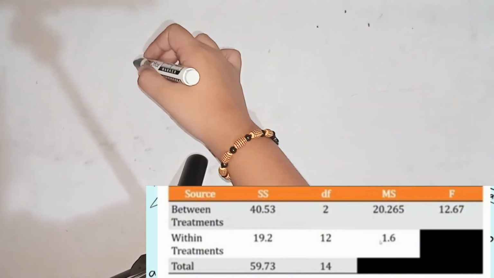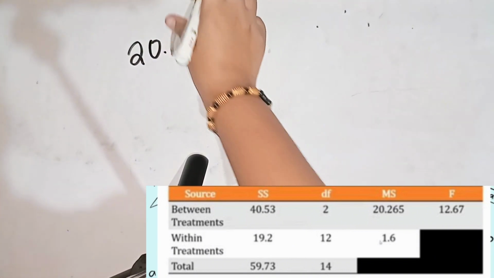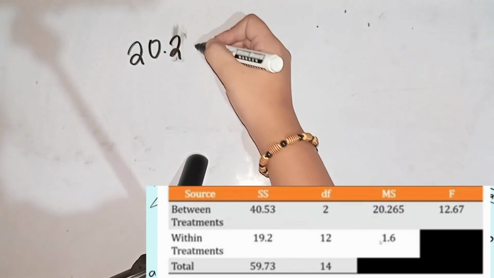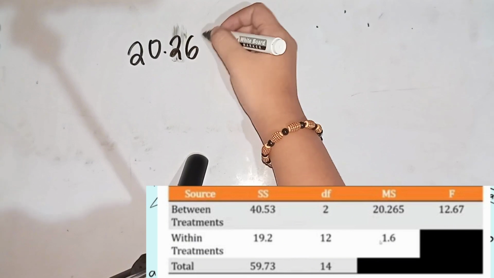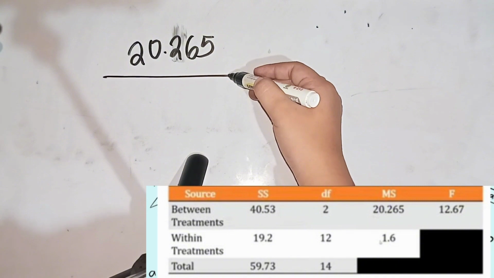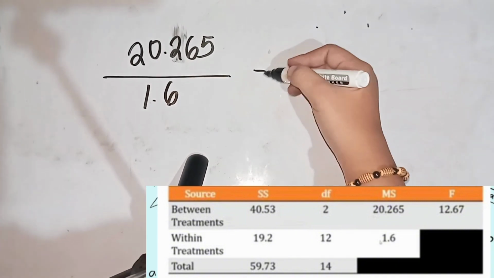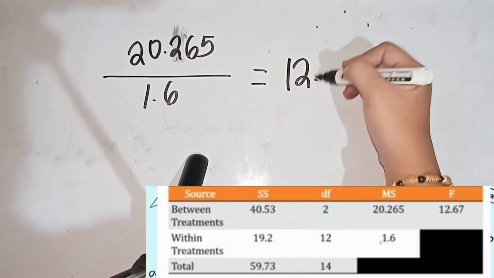Nagtaka mo kung asa nato nakuha ang 12.65. So, ingani na siya guys. Ang MS between kay, diba, 20.265 man ni siya, divided by 1.6 equals 12.65.